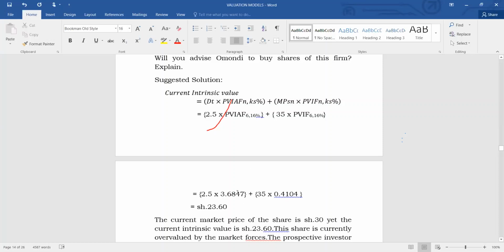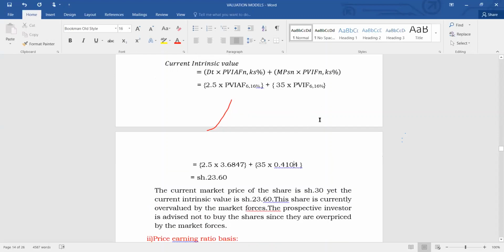So 16% under 6, the factor I'm having is 3.6847 from the annuity table. 16% under 6 from the other ordinary table, the answer is 0.4104. If you multiply, this should give us a current intrinsic value of 23.6. Maybe you could confirm whether this answer is correct. Please confirm if that answer is correct in a minute.